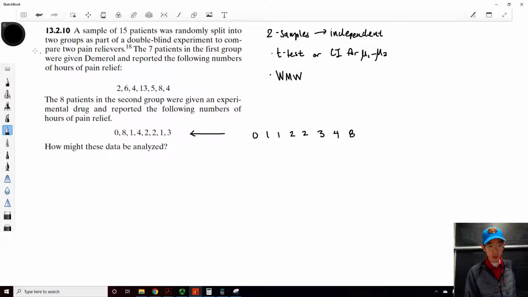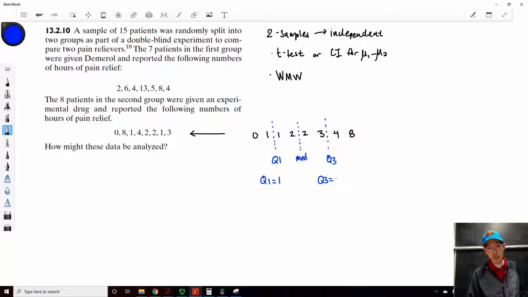So I'm going to do a dotted line right here. This is our median. And then a dotted line right here, this is Q1. And a dotted line right here, this is Q3. Okay, so Q1 is equal to 1. Q3 would be equal to 3.5.